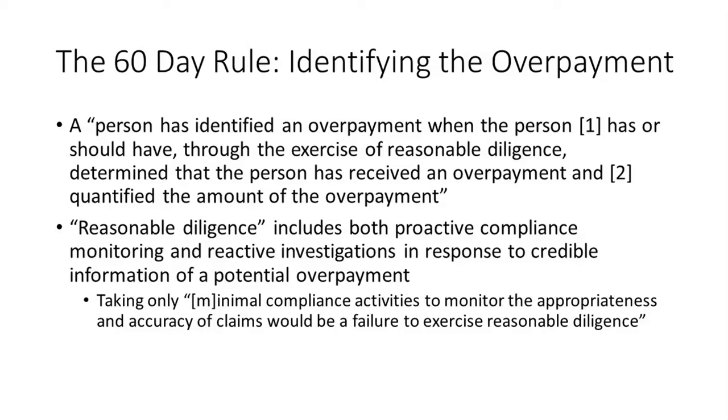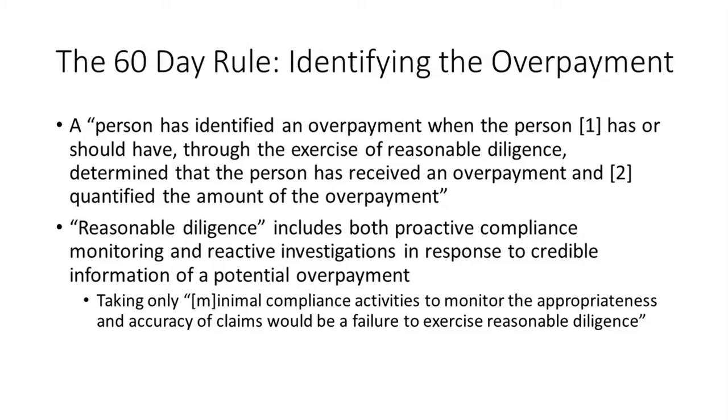Then they've established that. But the 60-day clock starts ticking after they have completed that investigation. So once you have credible information, you begin your investigation. Once you then, through that investigation, determine that yes, you've received an overpayment and quantified the amount of the overpayment, that's when the 60-day time starts to run.